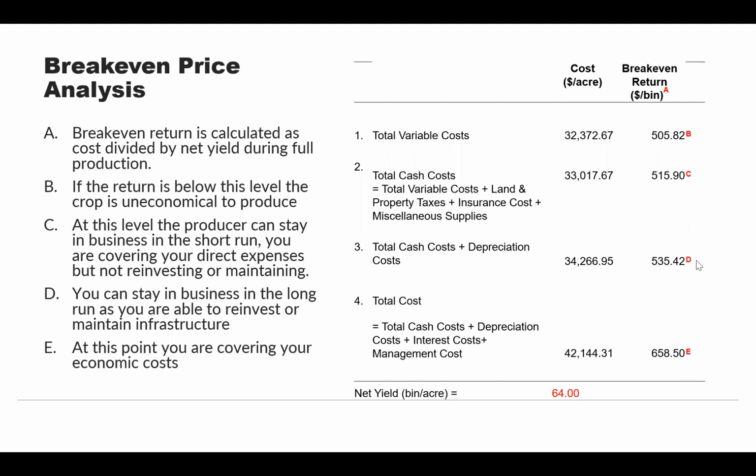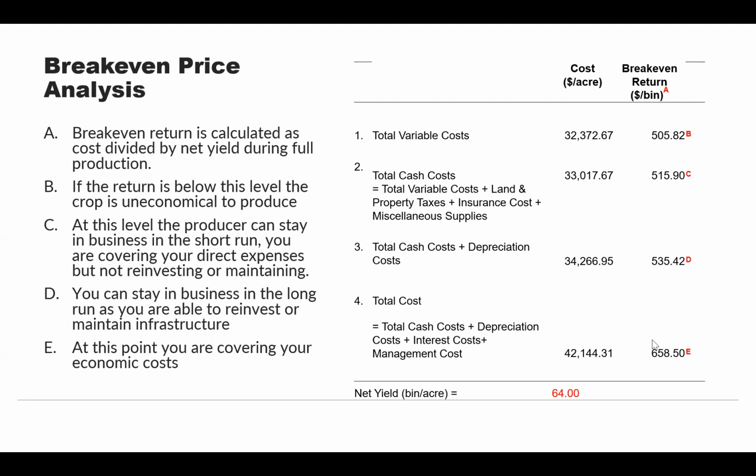You would need to be making $535 a bin in order to have enough money to cover all of your direct costs, plus the costs of maintaining the business over time. So you could stay in business, upgrade your infrastructure, and replace your equipment if you're making at least this much per bin.